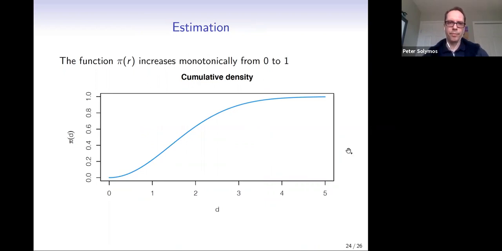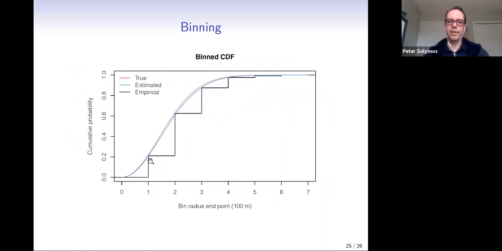Once we have this pi function, we can also look at it as a cumulative distribution. And if we do that, this is exactly what we are going to use in distance sampling, because we have counts binned into these distances. And now, as you see these jumps, those jumps are going to be proportional to this added probability as we move along the distance bins.